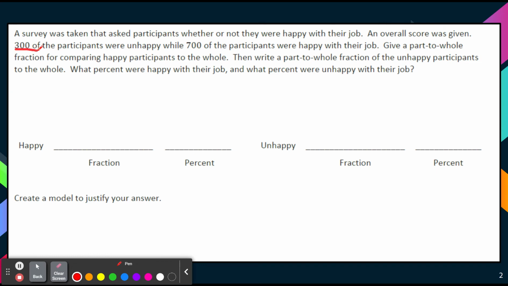I know 300 were unhappy and 700 were happy. So knowing that, if I look at the happy, I'm going to say 700.